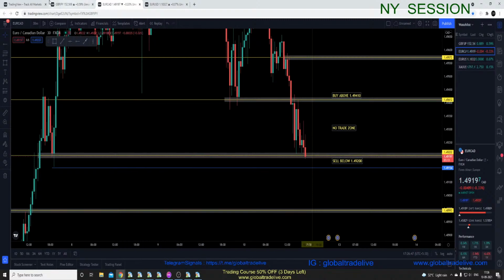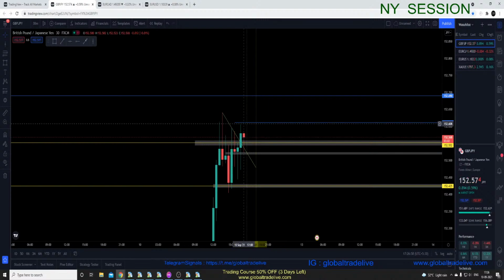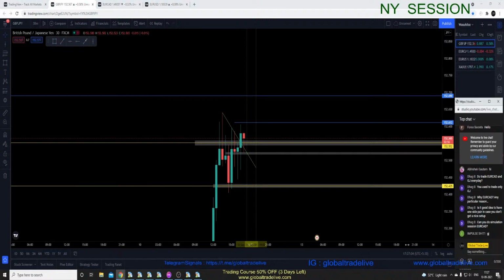Oh, GBP JPY is doing something good. It's retracing all the way back. So what if it breaks the high over here? Actually, I'm gonna wait.